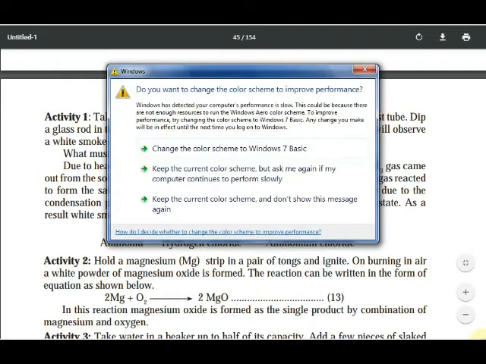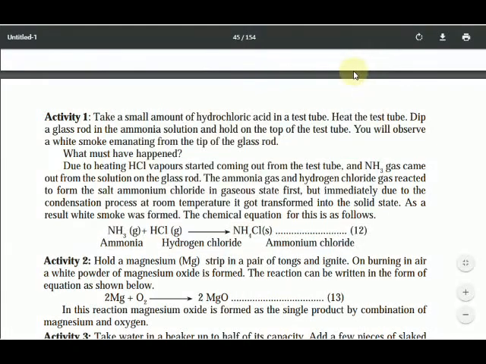Ammonia solution, where is the ammonia solution? The glass rod which is dipped into the ammonia solution is then held over the HCl solution.